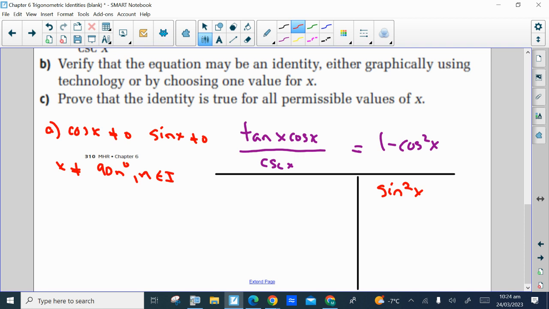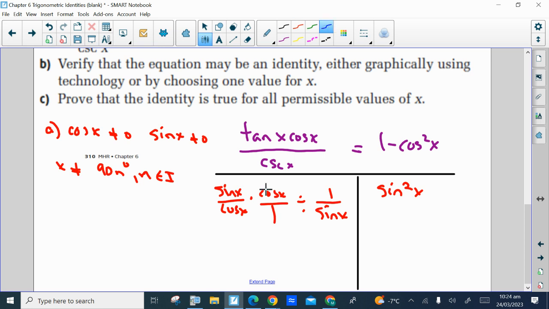On the left side, we've got no power, so we'll go back to that hint where we're going to put everything in terms of sine and cos. Tangent is sine over cos, and that's multiplied by cosine of x over 1, which is then divided by cosecant, which is 1 over sine of x.